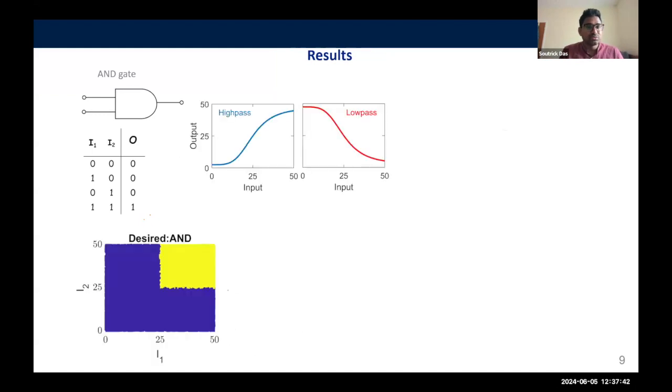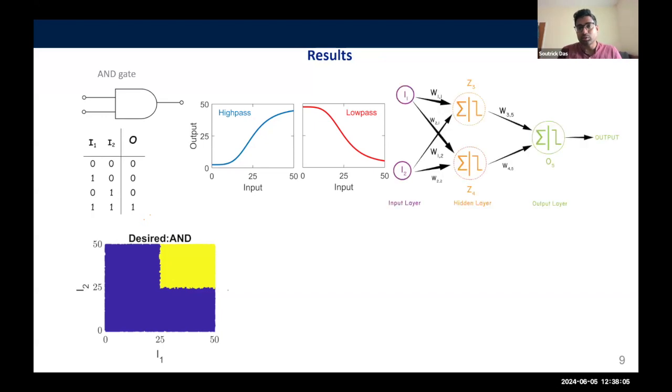For an AND gate, we start with a hypothetical activation function where the range of the input value and the output value is the same, just as a test case. So our desired output looks like this, where the input values range from 0 to 50. With the genetic algorithm, we get this kind of topology where we have two nodes in the hidden layer and one in the output layer.